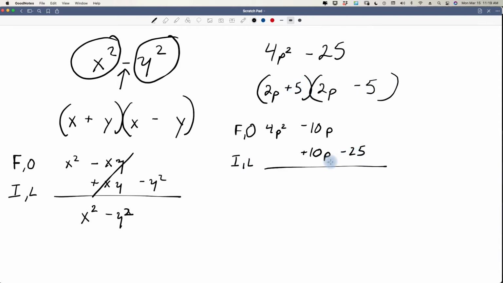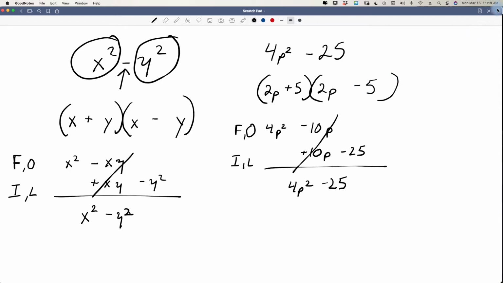So when we combine, these two cancel out every time. So 4p squared and negative 25. And that matches. And as you can see, one's positive, one's negative. So you can't put a square up here. That's not going to work. It has to be separate, positive and negative.